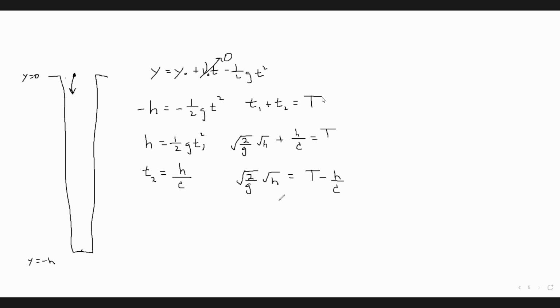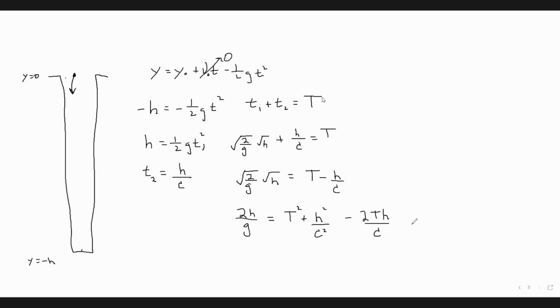Now I square both sides and I get 2h over g equals T squared plus h squared over c squared minus 2Th over c. All right, that's a quadratic equation in h.